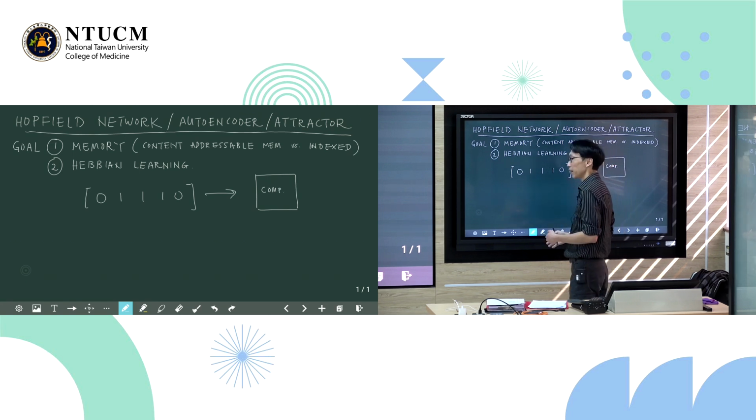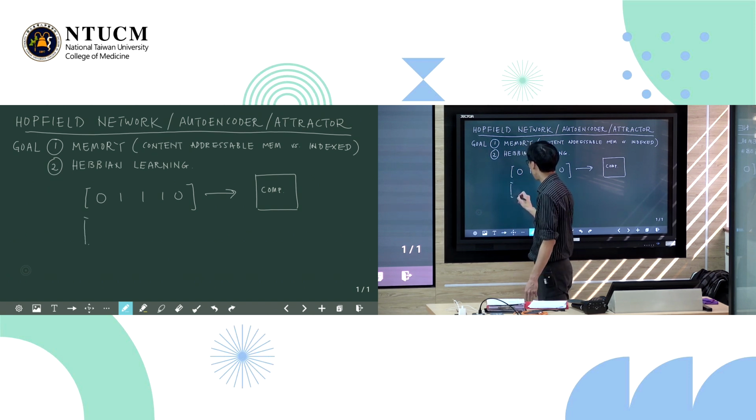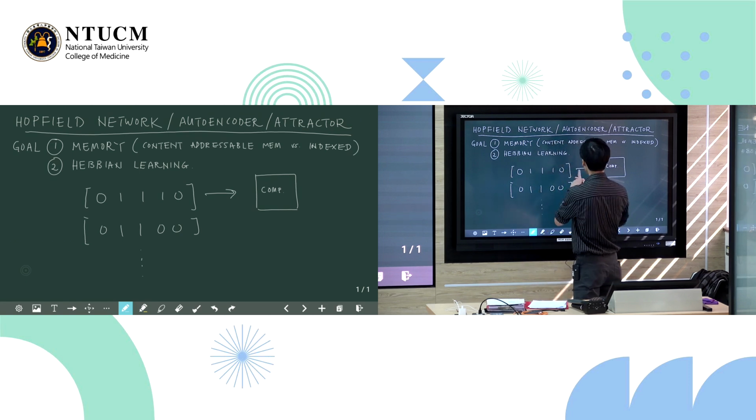Later on, I want to find it again, right? Let's say I encoded many things, 1, 1, 1, 0, 0, etc. I will put this in this position, and then I'll put this one in this position, and then this one maybe in this physical location.